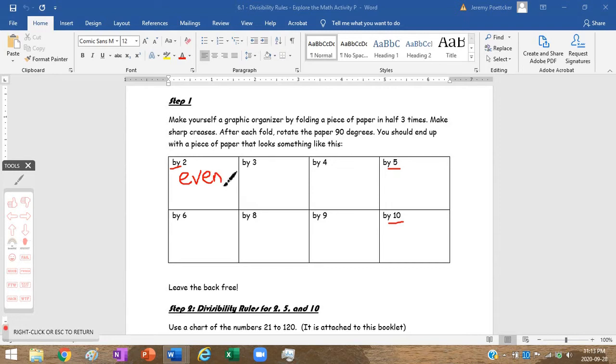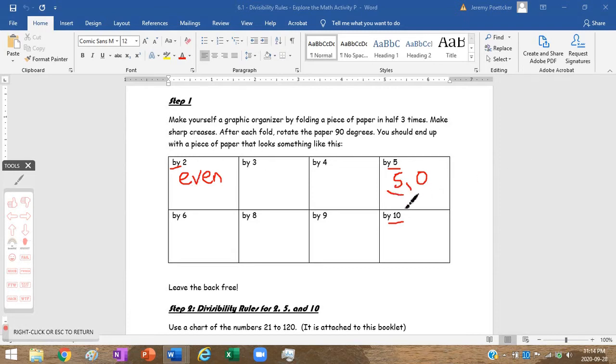You're going to say you know it's divisible by 2 if it is even. You know it's divisible by 5 if it ends in a 5 or a 0. Don't just write down 5 or 0. You're going to have to say ends in a 5 or a 0.